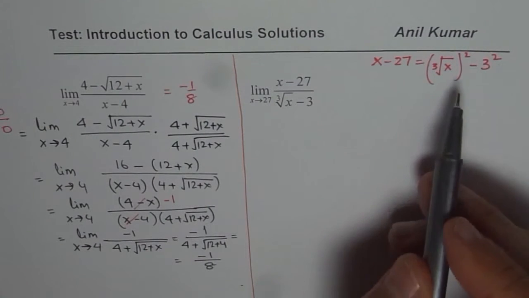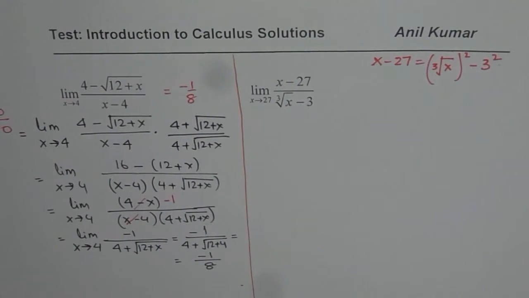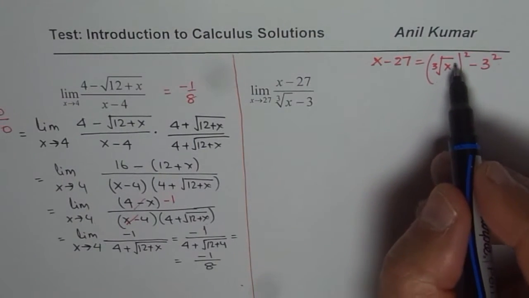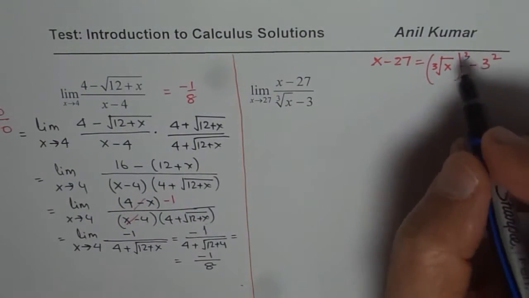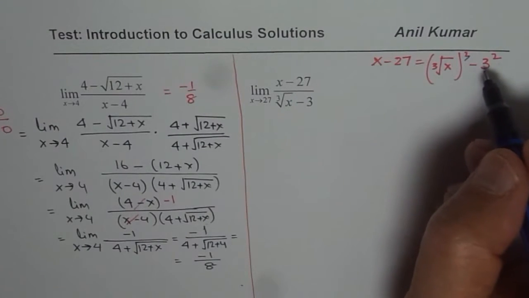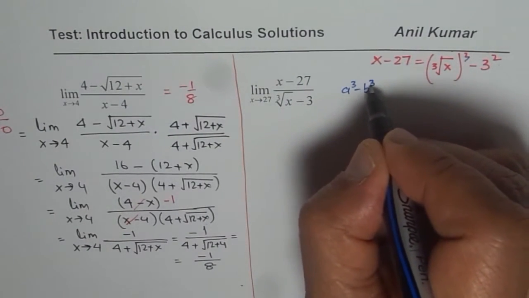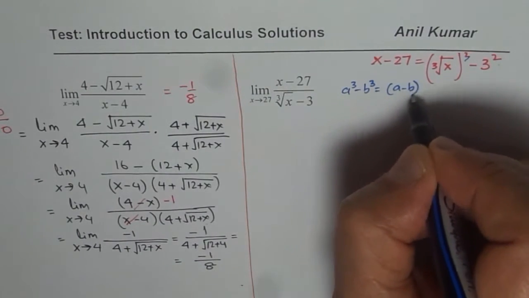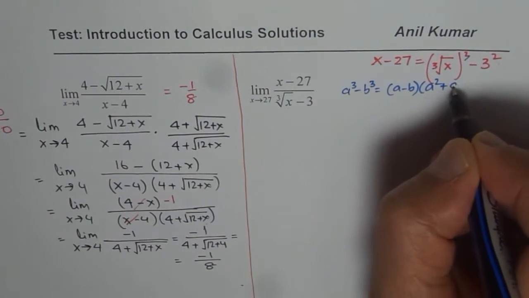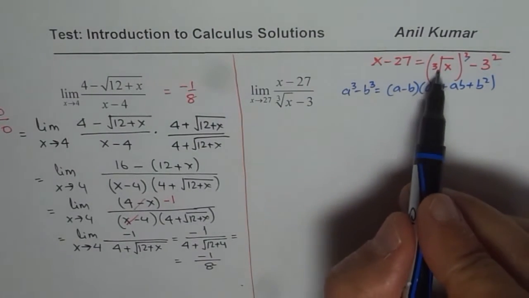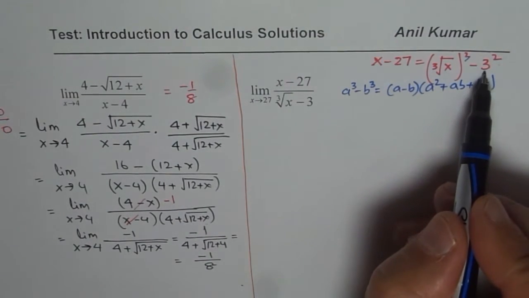Since I have written it like this, I can expand using a cube minus b cube. You remember the formula for a cube minus b cube? It is a minus b times a square plus ab plus b square. So a will be cube root of x and b will be 3.